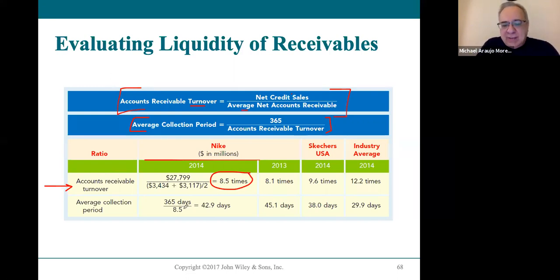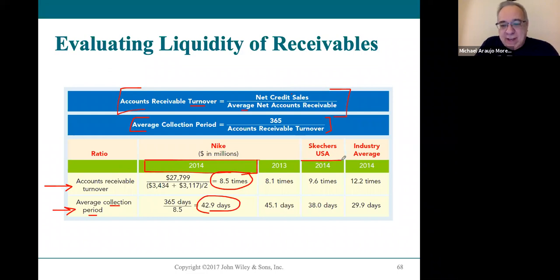Once you know that, if you divide 365 by it, you see their collection period for receivables is roughly 43 days. That's a long time to wait, because normally you'd want to wait 30 days, and here Nike is waiting 43 days. So that's not particularly good. They certainly have to up their workouts to get better at it.